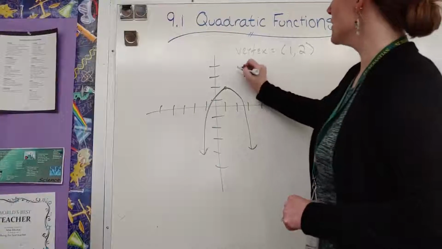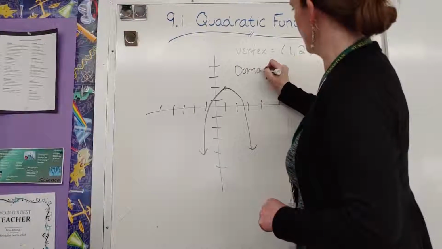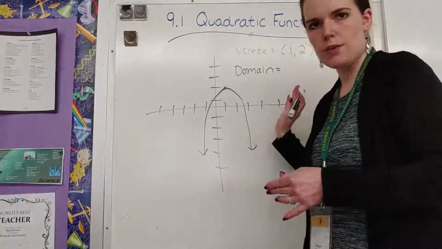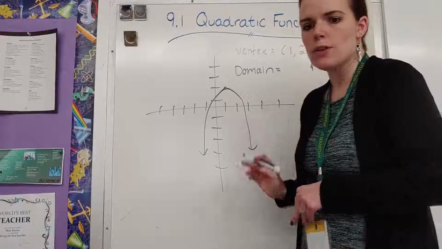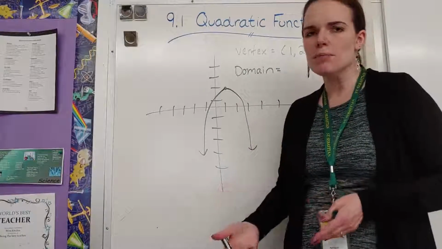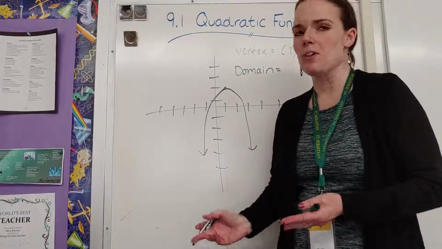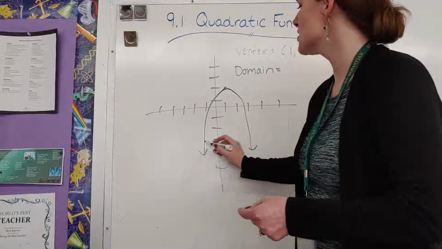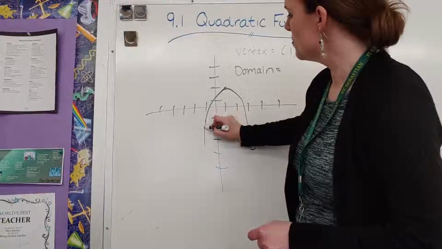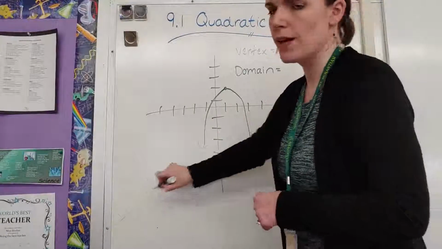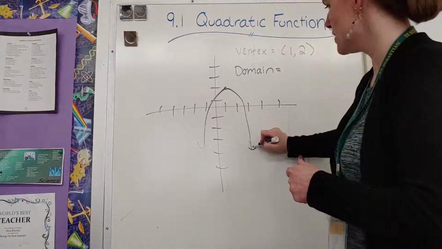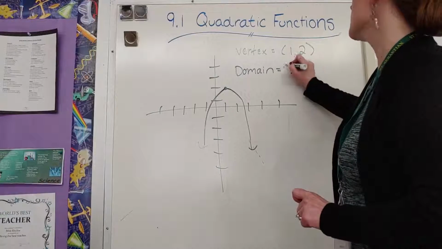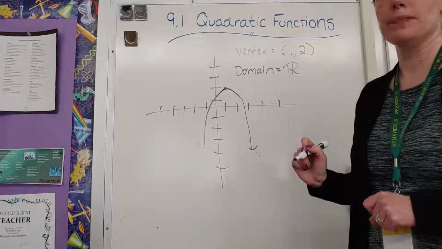Now, my domain. My domain is how far left and right it goes. It's those x values. With every parabola, it's really going to be all real numbers. It's going to be, because it's continuing, even though this is a terrible drawing, your parabolas will actually continue to go forever this way and forever this way, just very slowly. So your domain, again, is going to be all real numbers.